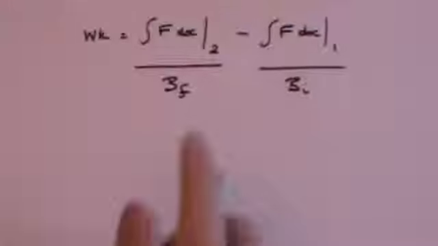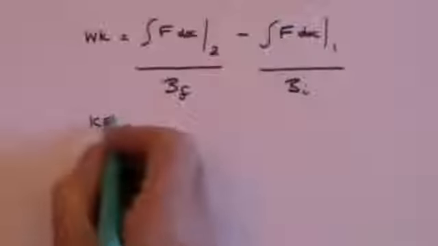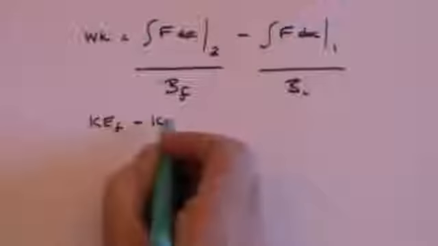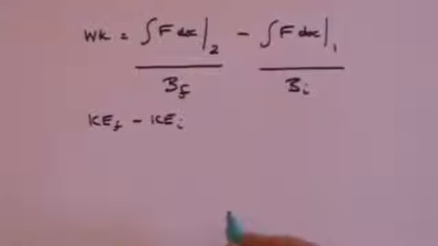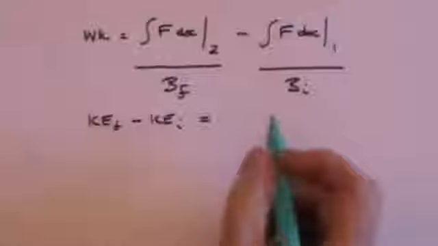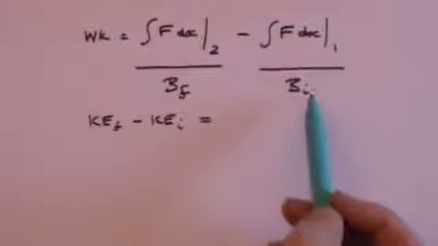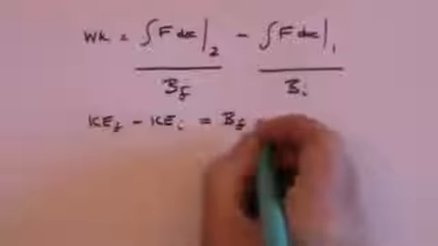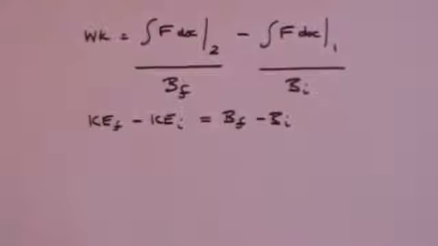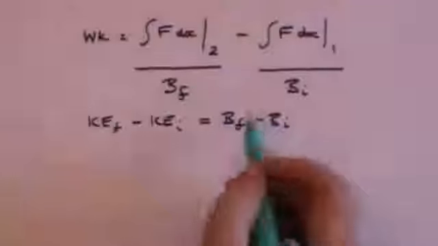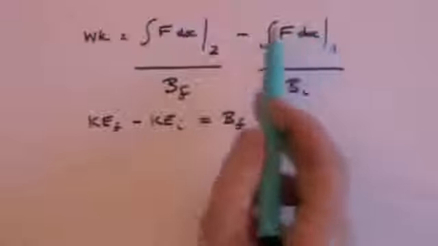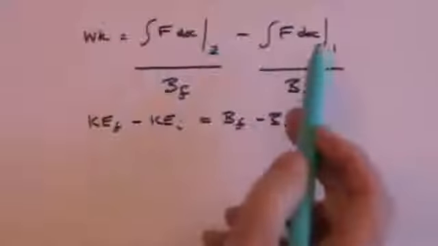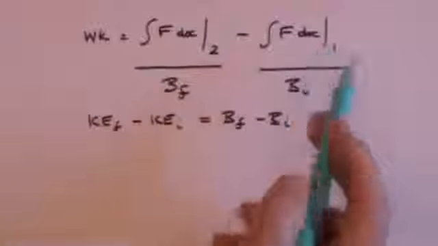Now, since we said that the work was the kinetic energy at the final stage minus the kinetic energy at the initial stage, and we said that that was the work done, that means the work is B_F minus B_I, where, of course, these are just these integral terms evaluated at the final position and evaluated at the initial position.